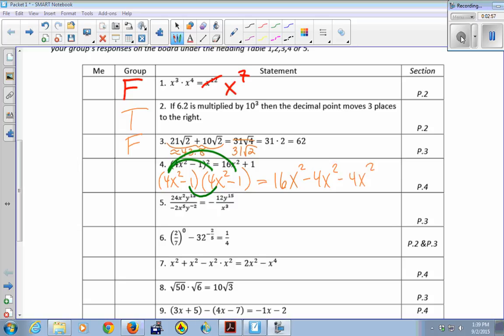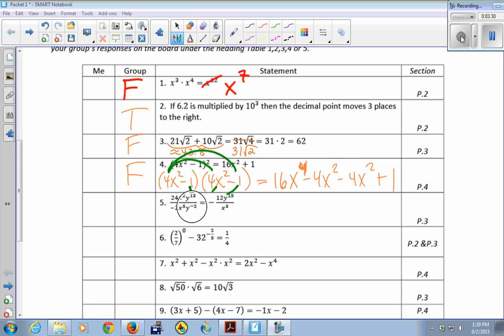And finally, negative 1 times negative 1 is plus 1. Oh, yes, sorry, that should be 16x to the 4th. Thank you. Then you combine like terms and you have 16x to the 4th minus 8x squared plus 1. So this one was false.